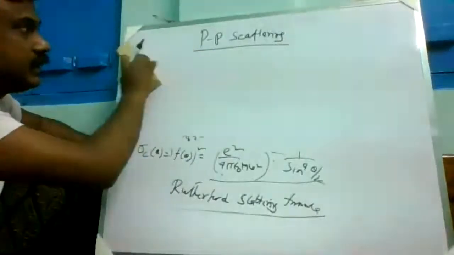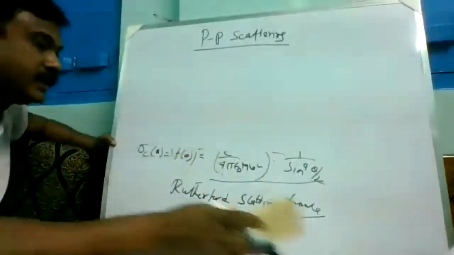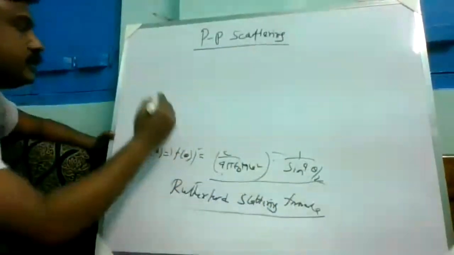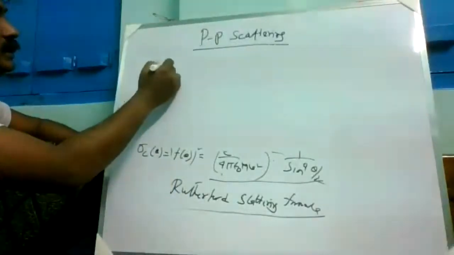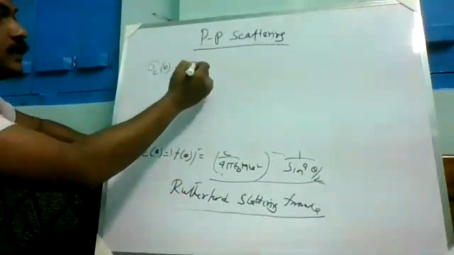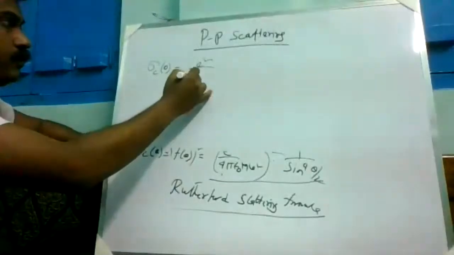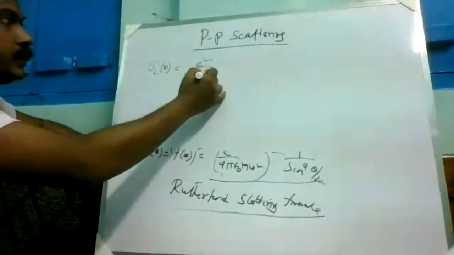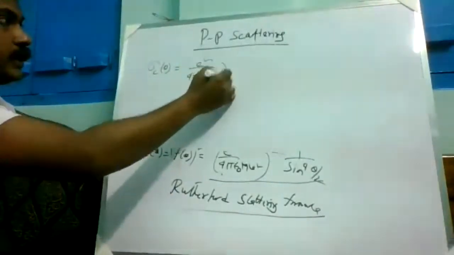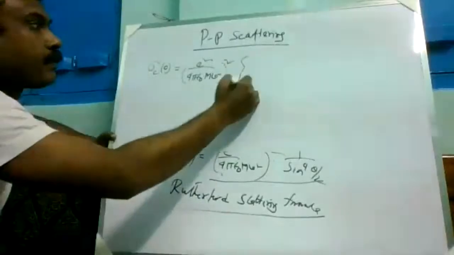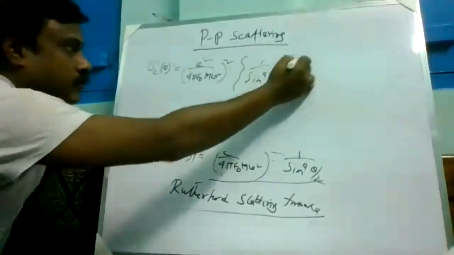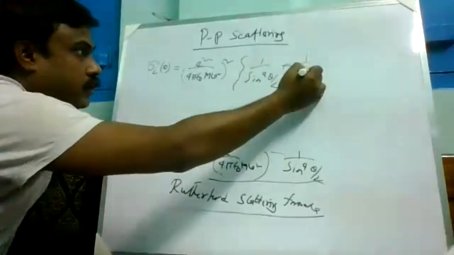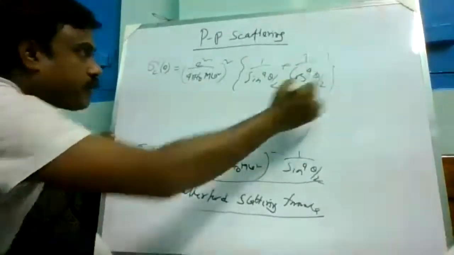Therefore, considering the indistinguishability of the particles, we have to replace the formula for scattering: it would be e square by 4 pi epsilon 0 mu v square, whole square, times 1 by sin to the 4 theta by 2 plus 1 by cos to the 4 theta by 2.